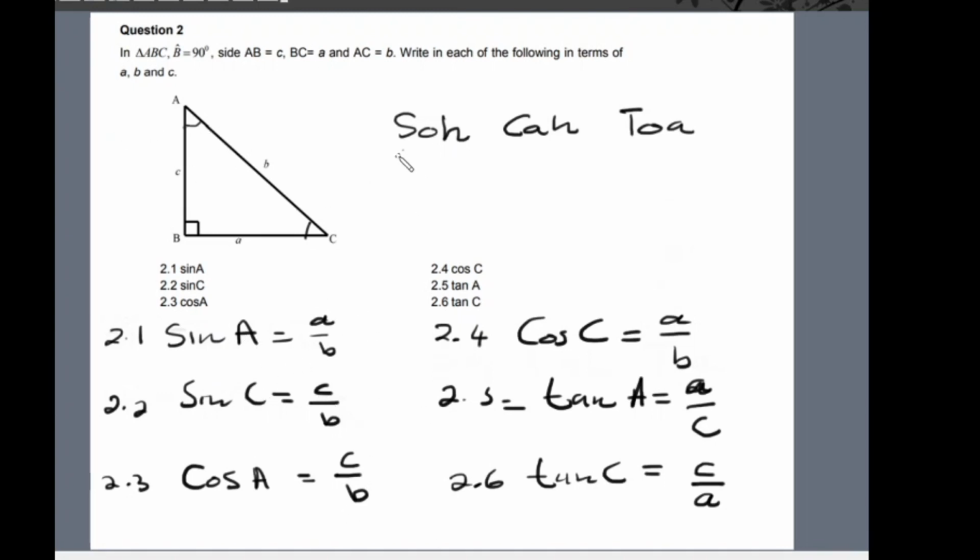So to remember the trigonometric ratios, use this mnemonic SOHCAHTOA. This is sine, this is cos, this is tan. Sine is opposite over hypotenuse, cos is adjacent over hypotenuse, tan is opposite over adjacent, right? So the way you can remember them is to use this mnemonic here.